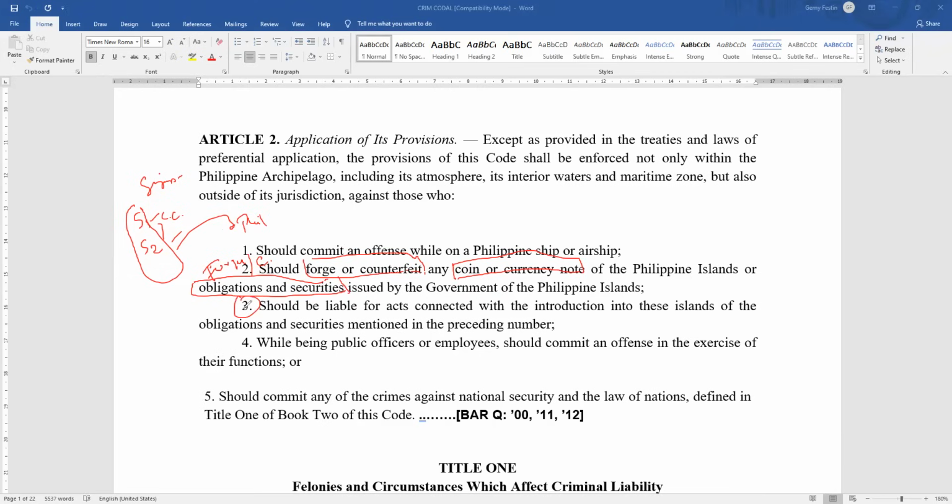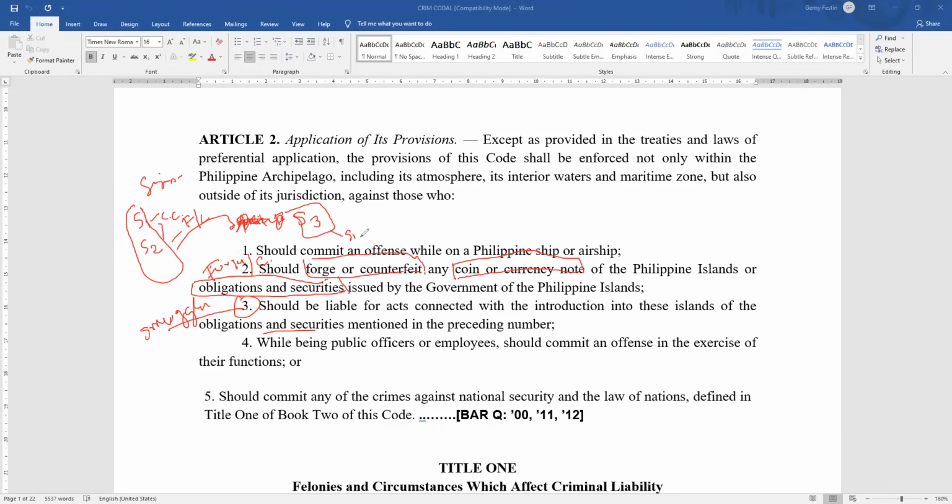The third speaks about the smuggler. Of what? Of the obligations and securities which were forged and counterfeited. So, halimbawa, S1 and S2, okay, meron silang tao. After they forged or counterfeited, so binigay nila kay S3.